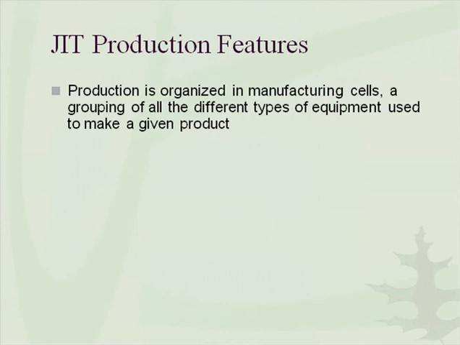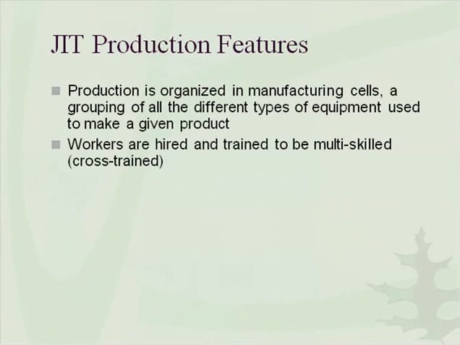Some of the features of JIT is that you may find that the manufacturing operation is arranged in cells rather than departments, and a cell is a grouping of all the different types of equipment used to make a given product. It may be laid out in a U fashion so that workers can work within their cell without having to move very much.